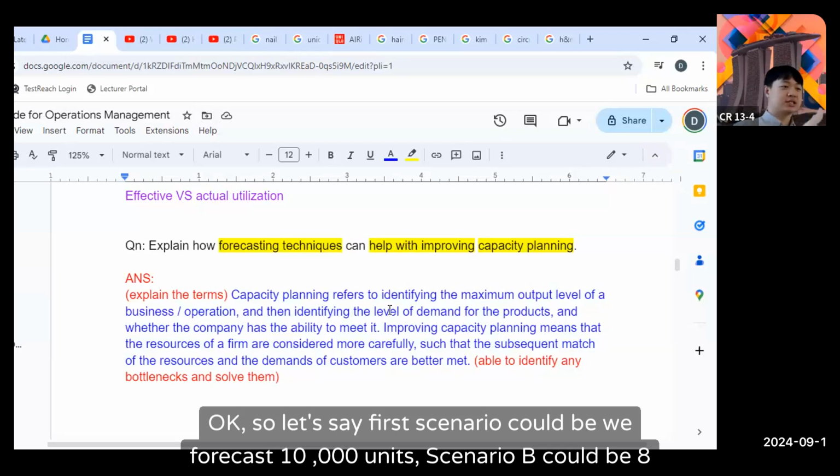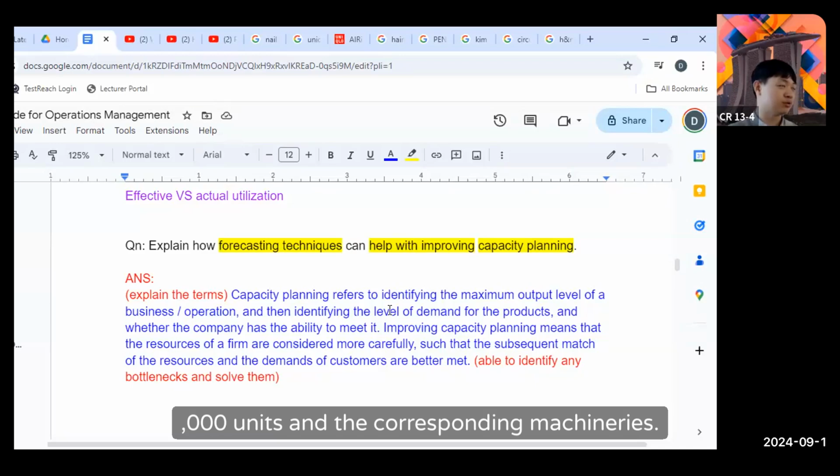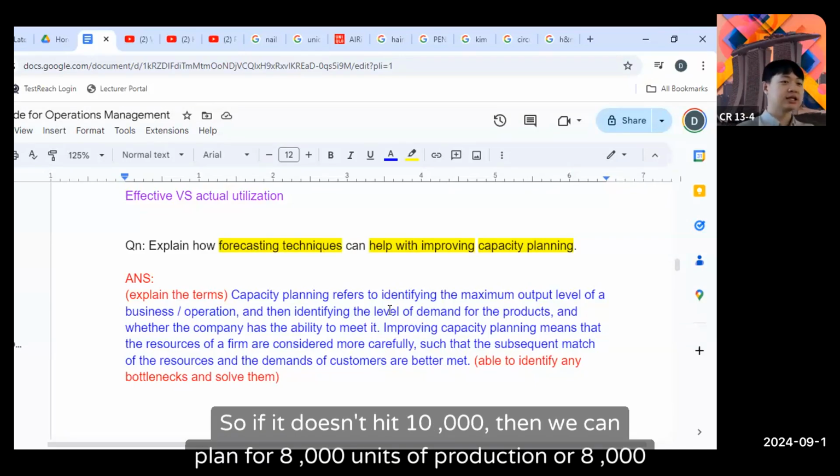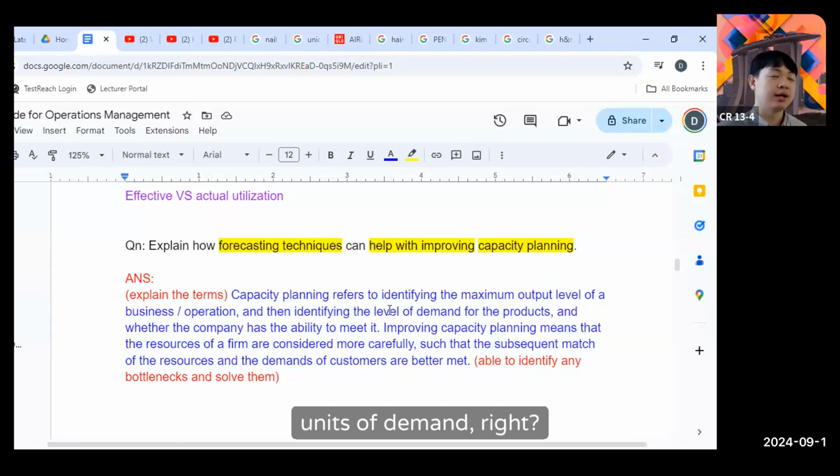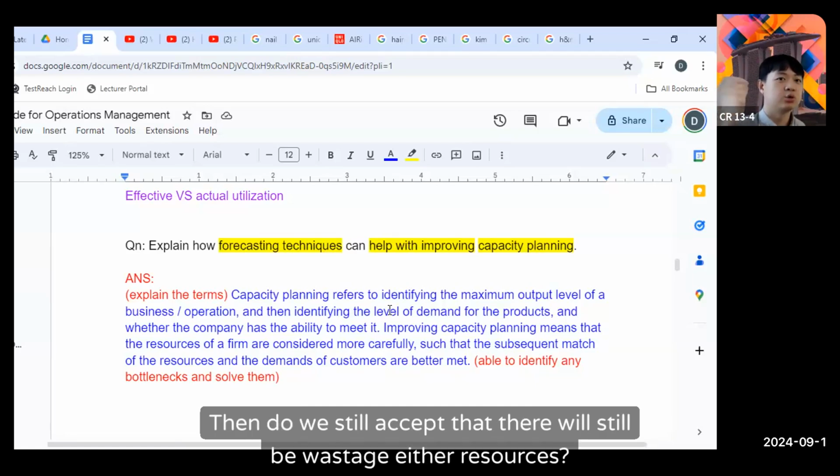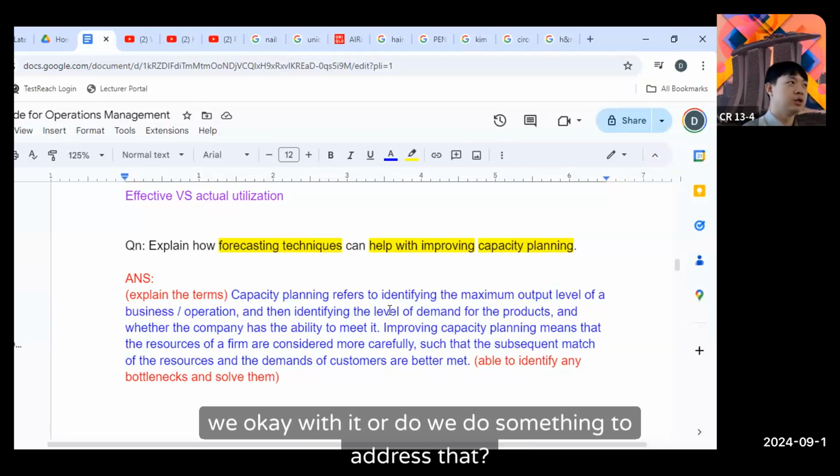Let's say the first scenario is that we forecast 10,000 units. Scenario B could be 8,000 units and the corresponding machinery. If it doesn't hit 10,000, then we can plan for 8,000 units of production or demand. Then do we still accept that there will be wastage and idle resources, or do we do something to address that?